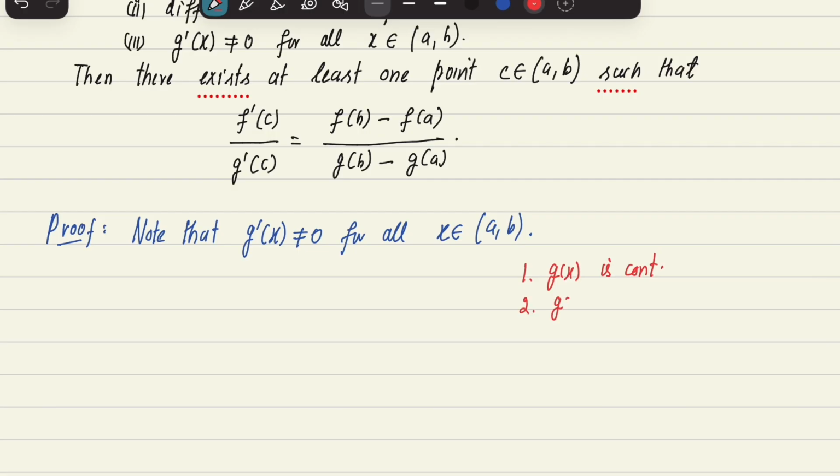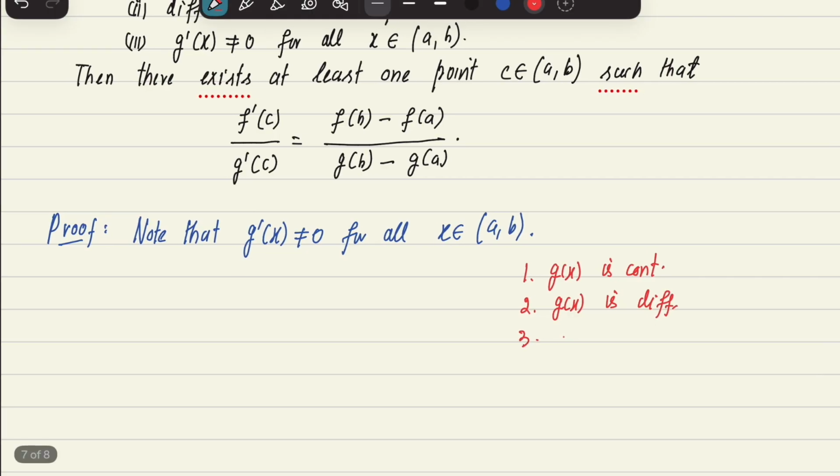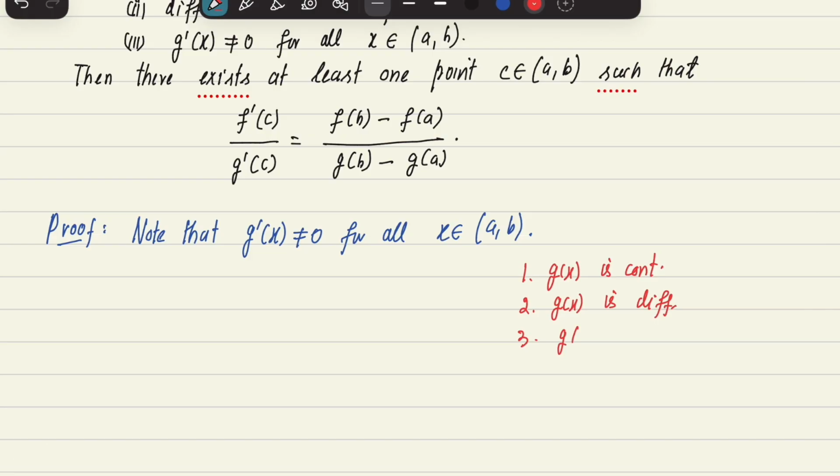Second, g of x is differentiable. And the third condition of Rolle's theorem is that g of a is equal to g of b.